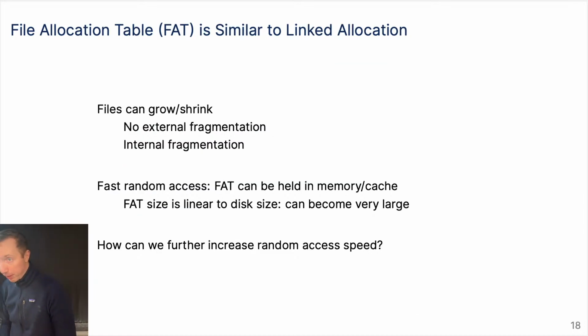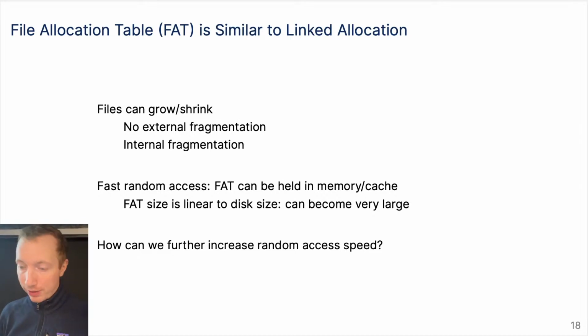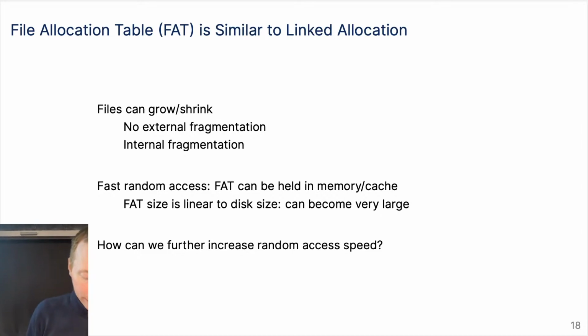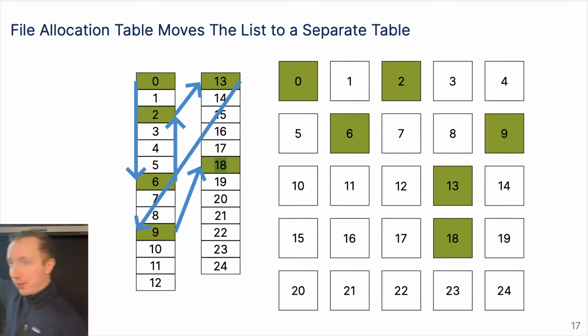So this is a bit better than linked allocation. We again have no external fragmentation, still have internal, but we sped up our random access time by a lot because that file allocation table can be held in memory, and then we get all the advantages of our caches and everything like that. The big disadvantage is that the FAT size is linear to disk size, so every single file is going to have to be able to reference every single block in memory, and most of the time that file allocation table is going to be empty, minus the blocks that are actually used to do the allocation.